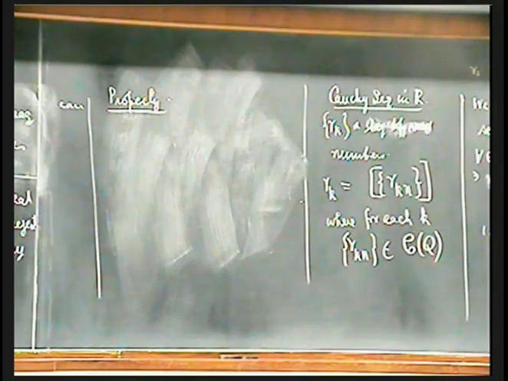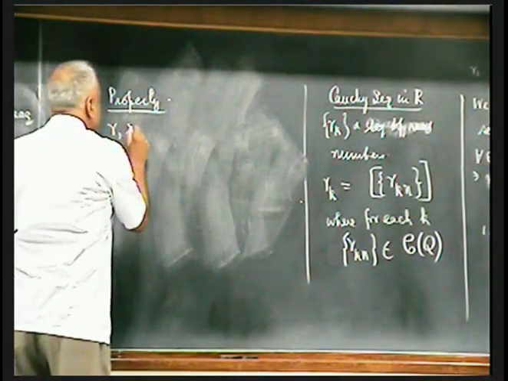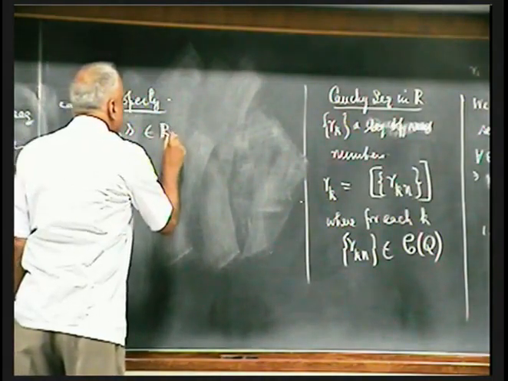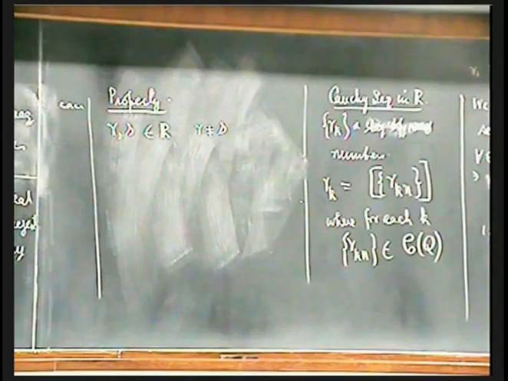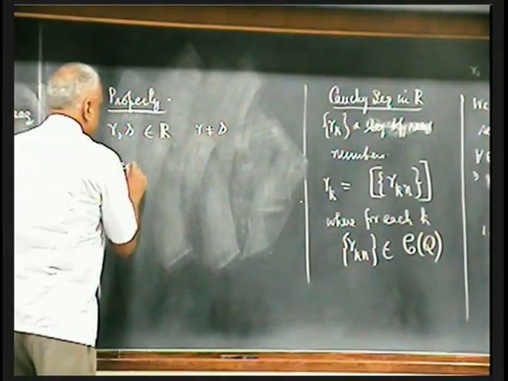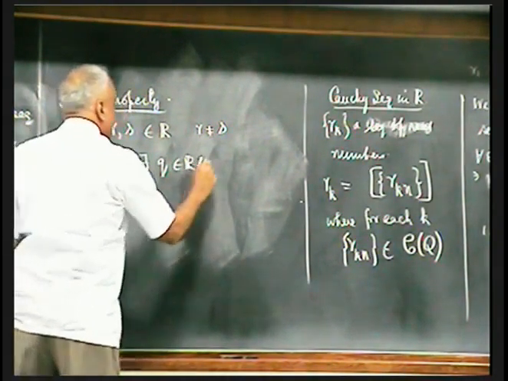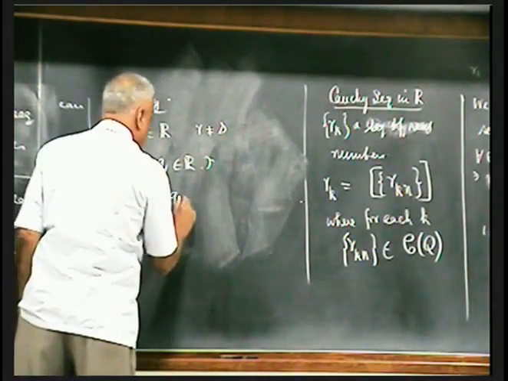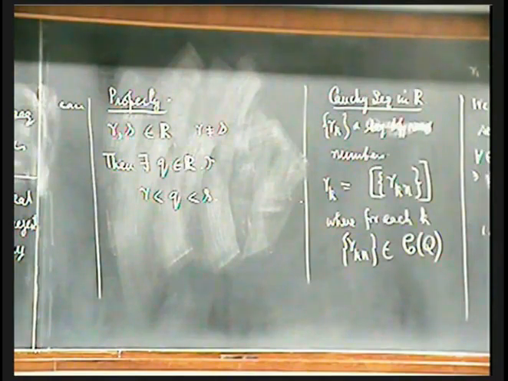The property is this. Suppose R and S are any two real numbers, not equal. Suppose I take two different real numbers. Then there exists a rational number Q such that it lies between the two real numbers.